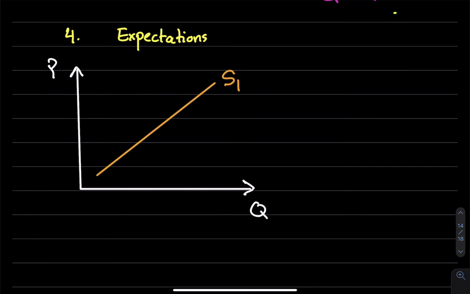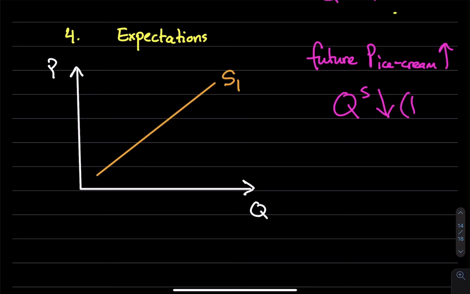For example, if a firm expects the price of ice cream to rise in future, let's say we know this, then it would put some of its current production into storage and supply less today. So the quantity supplied may go down today, and the supply curve might shift to the left because of this.